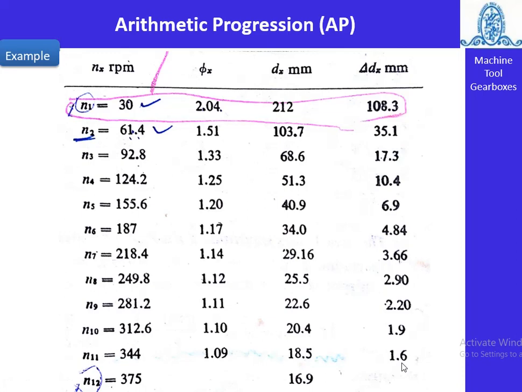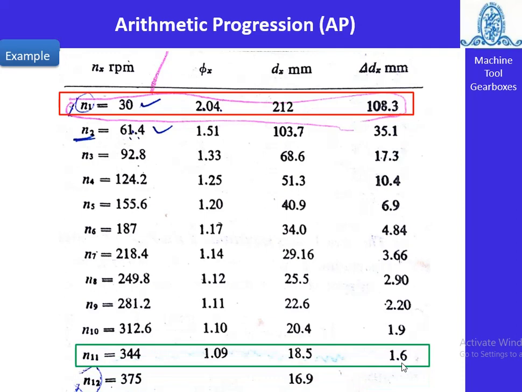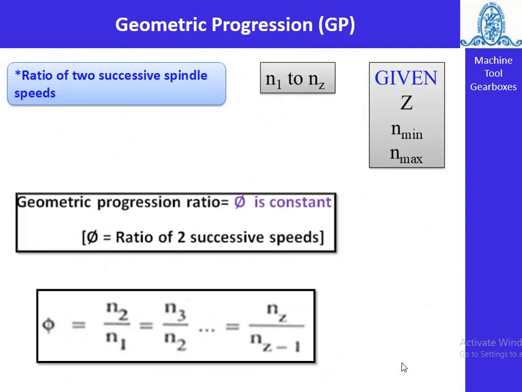At higher spindle speed steps the delta dx is very narrow, and at lower spindle speed steps the delta dx is very wide. This is the conclusion from this table. Again, we'll see another type of speed regulation, the geometric progression, that is GP.